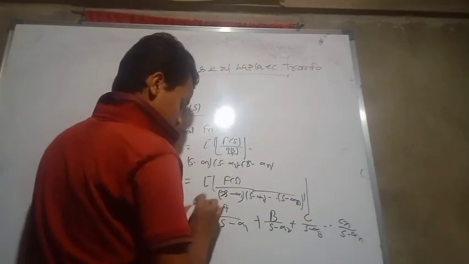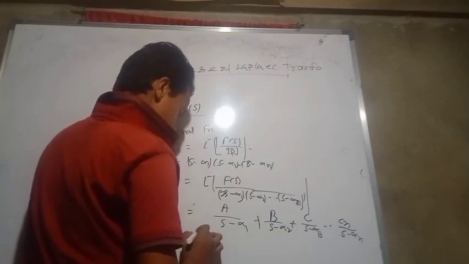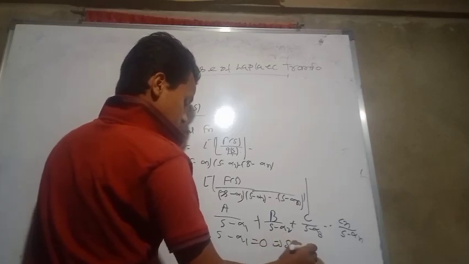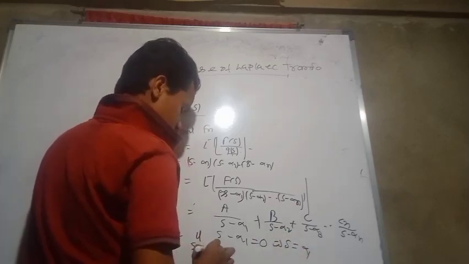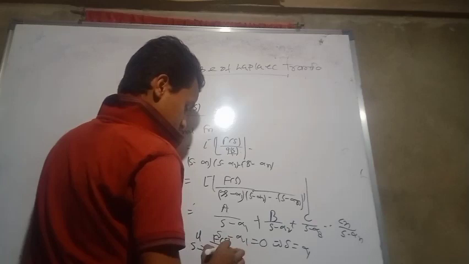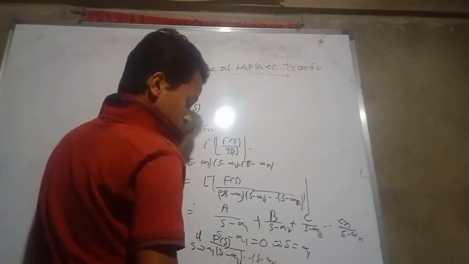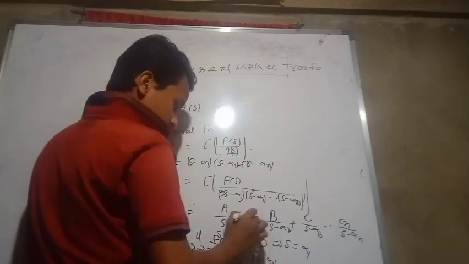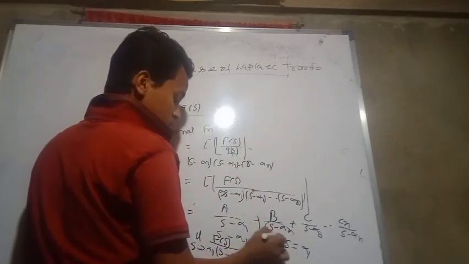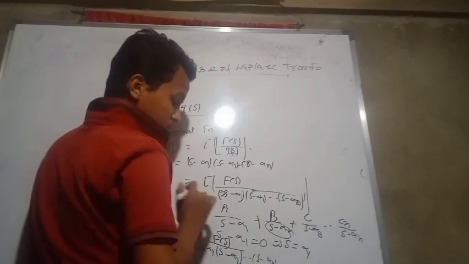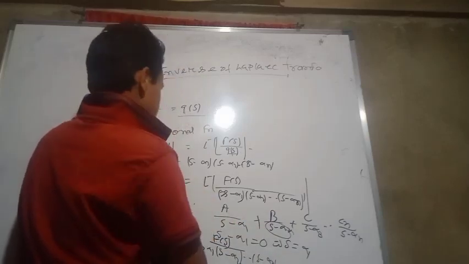To find the value of A, we set s minus alpha 1 equal to 0, which gives s equal to alpha 1. So the limit as s tends to alpha 1 of F(s) upon (s minus alpha 2) up to (s minus alpha n) gives the value of A. Similarly, to find B, we set that denominator equal to 0 and take the limit.